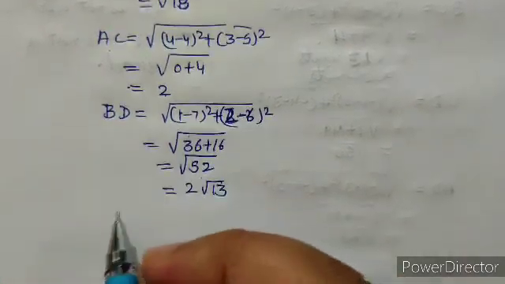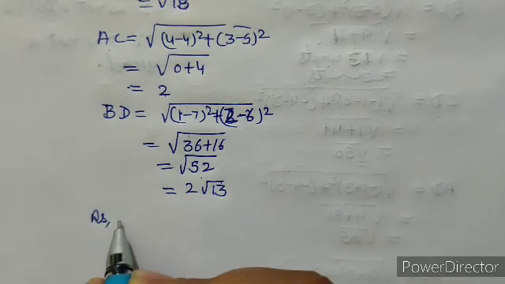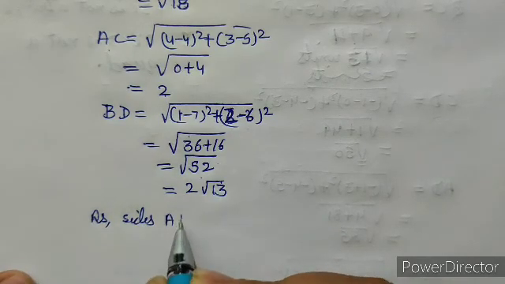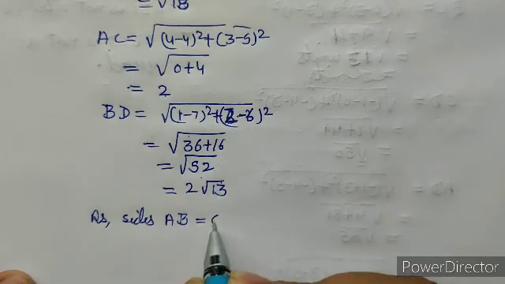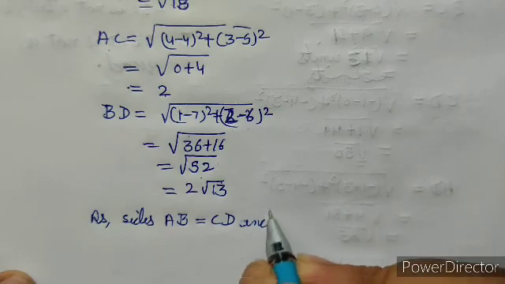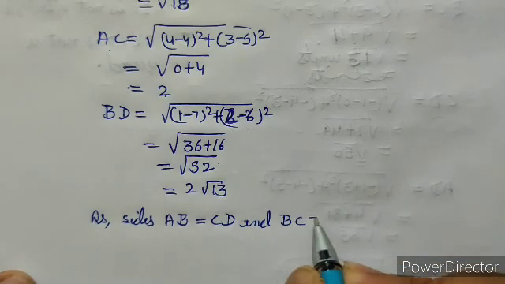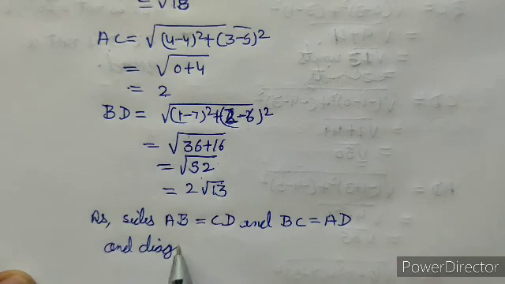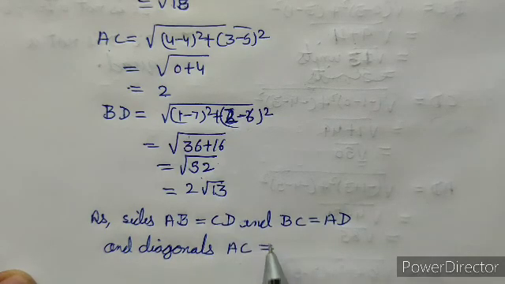So, as we see here, sides AB is equal to CD, and that is root 10 units, and BC is equal to AD, and that is equal to root 18 units, and diagonals AC is not equal to BD.